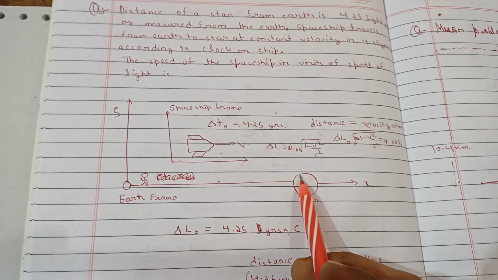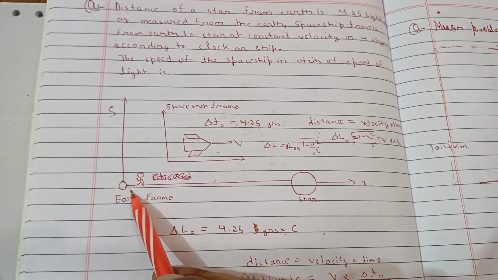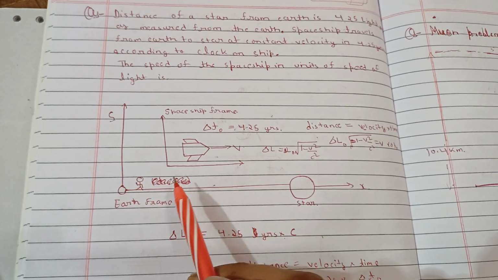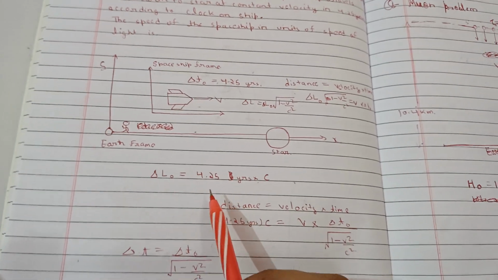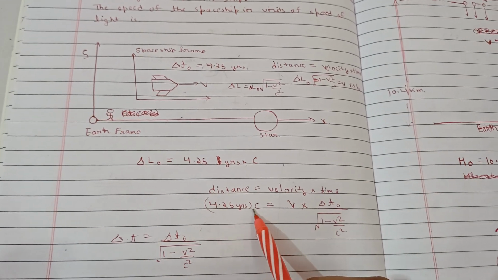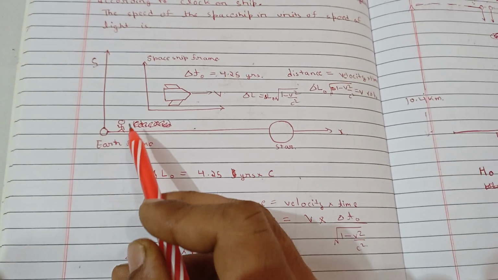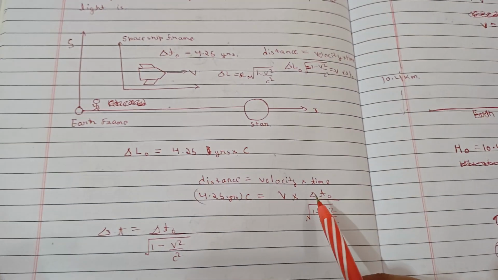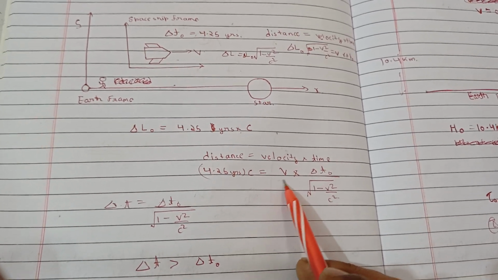So if speed is v and delta t is the time according to this observer, then v into delta t will give us this delta L naught. So 4.25 years into c, this is the actual length, equal to v into the time measured by this observer, delta T naught by root 1 minus v square by c square. From here we can calculate the v.